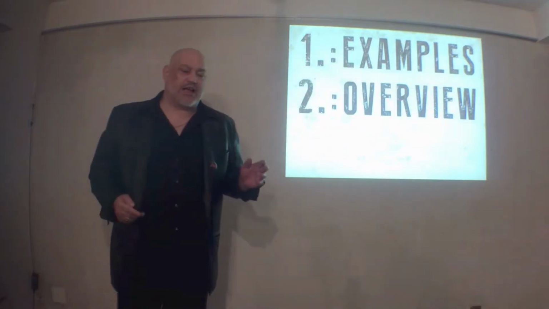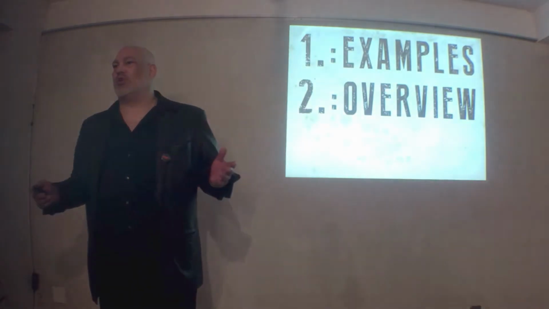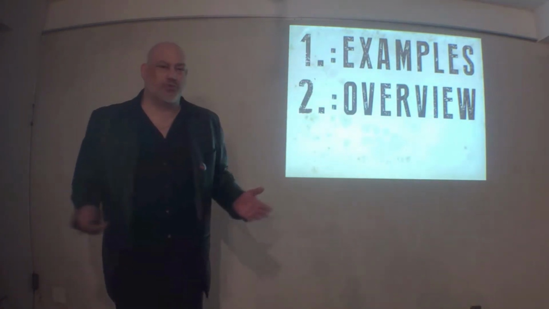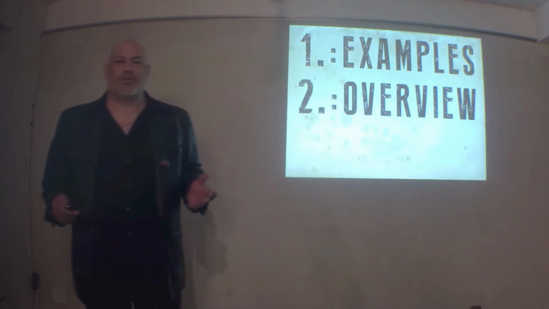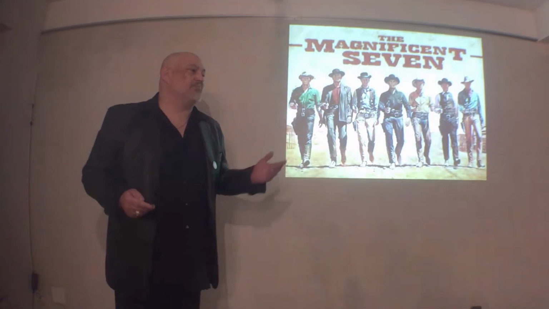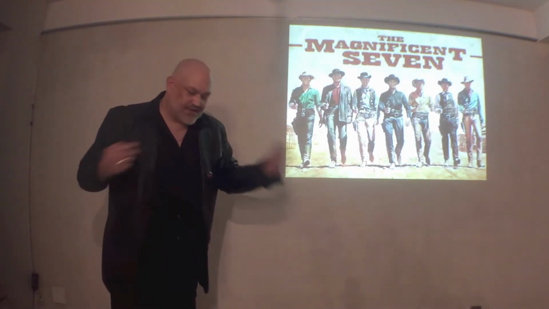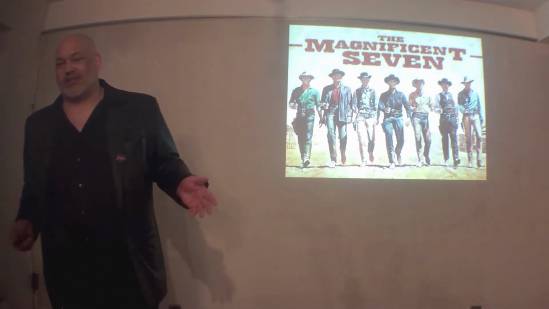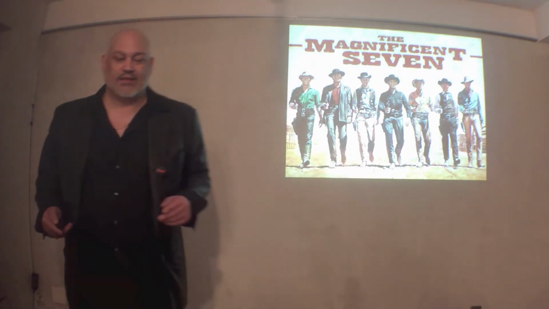The second was an overview of the 7 most used kinds of infographics for data visualization, so it had to be the Magnificent 7. Once you start with it, you have to stick to it.